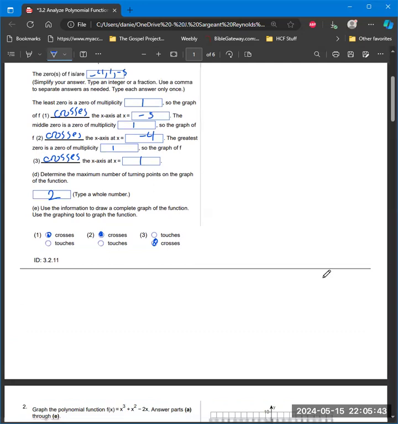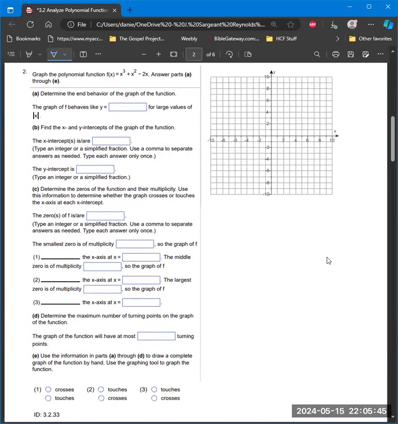And now let's look at the second one, where this one is going to behave like 1x cubed, which is its leading term. We're going to have to factor this common factor of x, leaving x squared plus x minus 2, and that factors into (x + 2)(x - 1), which give me zeros of 0, -2, and 1.